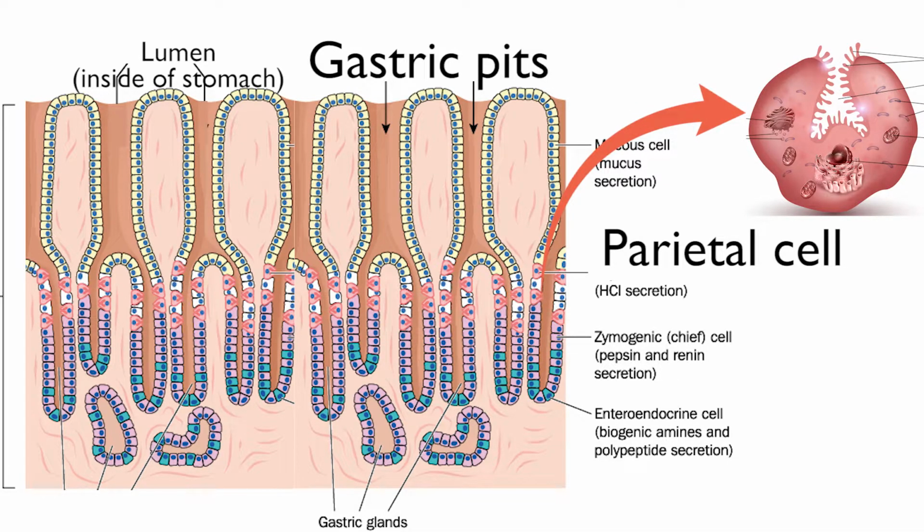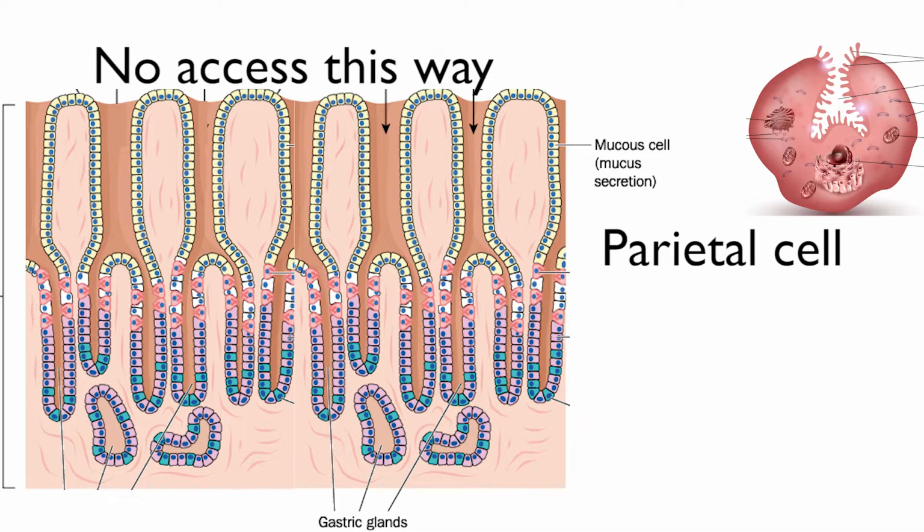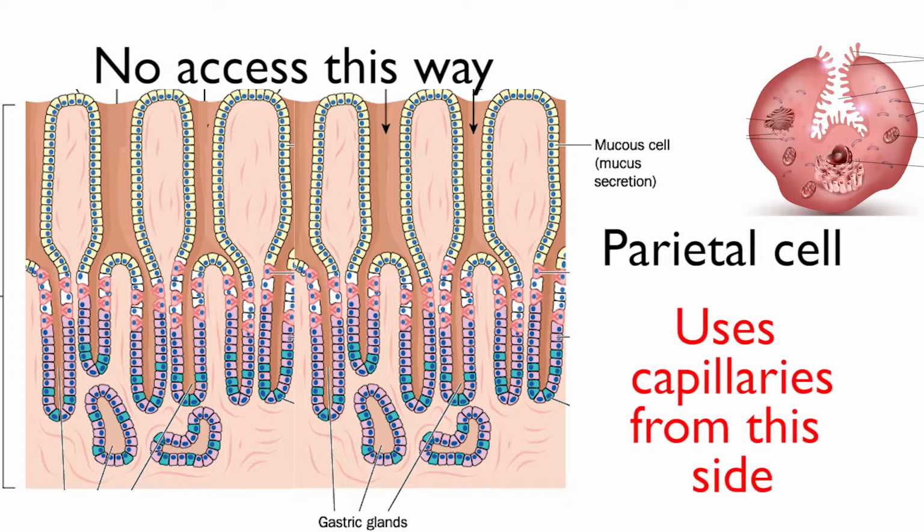Remember that omeprazole is not going to access the parietal cells from the stomach. It's going to go all the way through the entire process of absorption in the small intestine, metabolism, and distribution before it accesses the parietal cell from the blood vessels and the interstitial spaces that are in this area right here.